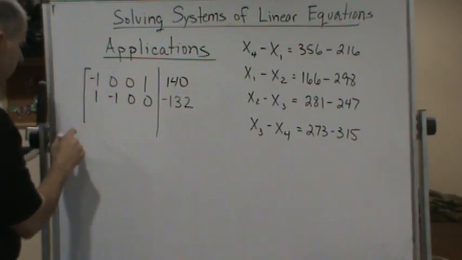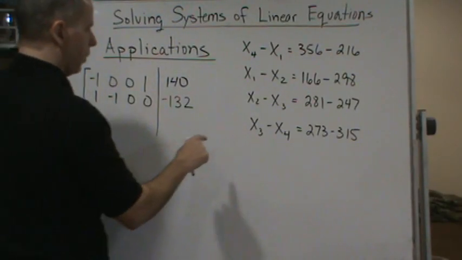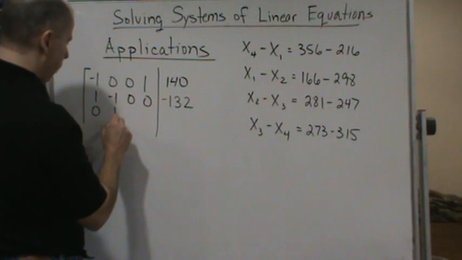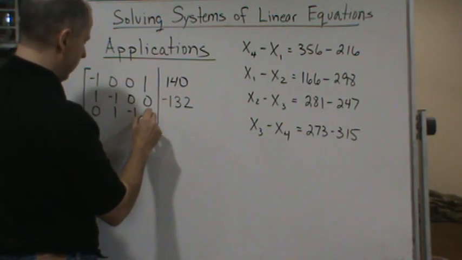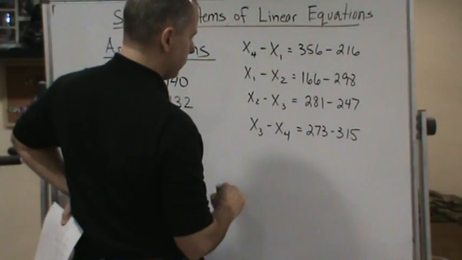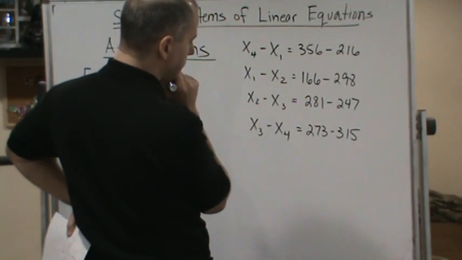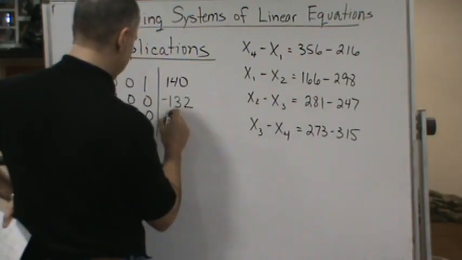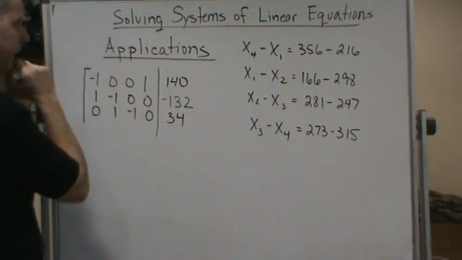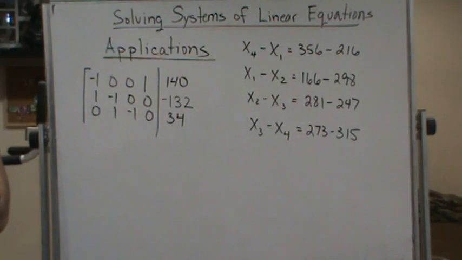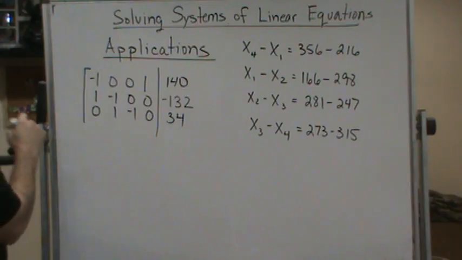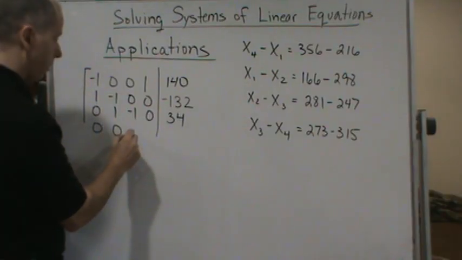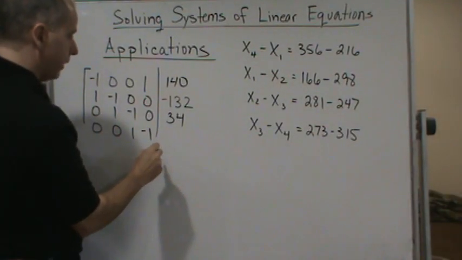And then the third row, right, the next row is going to be, well, we have 2 and 3, so x1 is going to be 0, followed by 1, and -1, and then followed by 0, and then this one is going to be -34, right? And then the final row is going to be 0, 0, 1, -1.